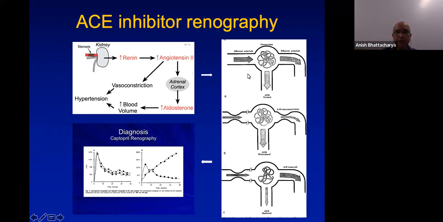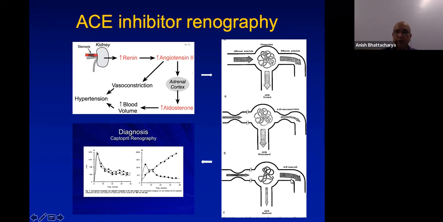So again, this is how it works. This is the normal state of events. When you have renovascular hypertension, renal artery stenosis causing a stenosis in the afferent arteriole, the angiotensin mechanism kicks in and causes a stenosis in the efferent arteriole to maintain the glomerular filtration pressure. So when you give an ACE inhibitor, it stops the angiotensin II.